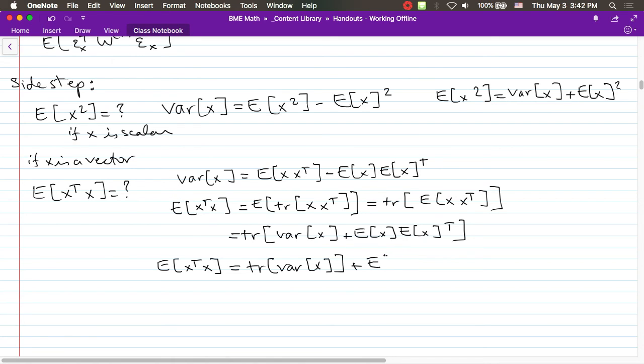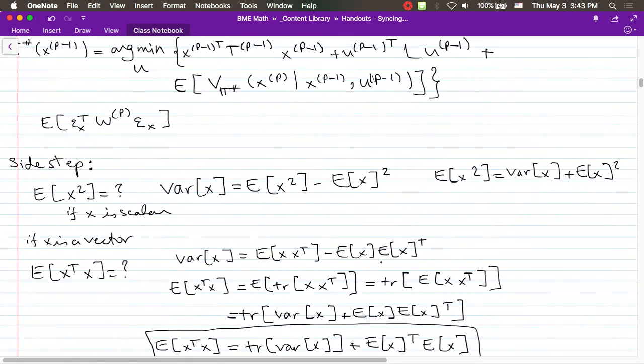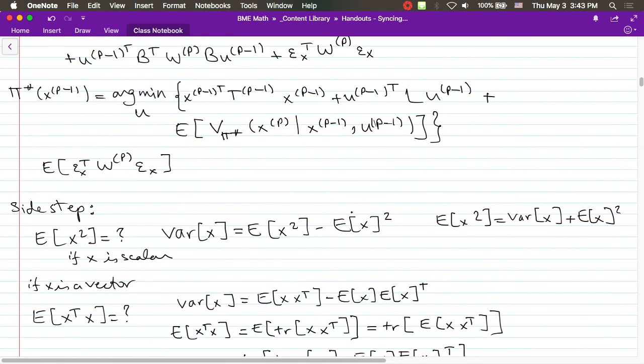That's just the expected value of x transpose times the expected value of x. So this is a useful identity that I can use now to go back and solve this problem up here.